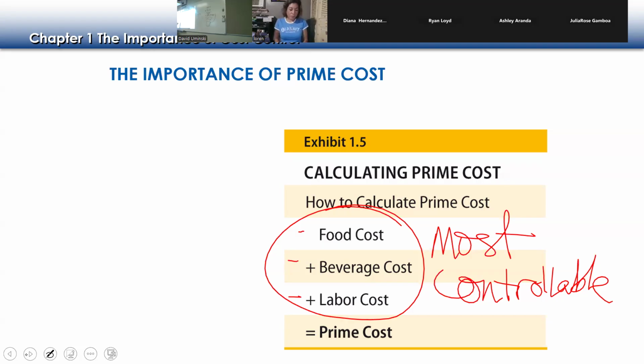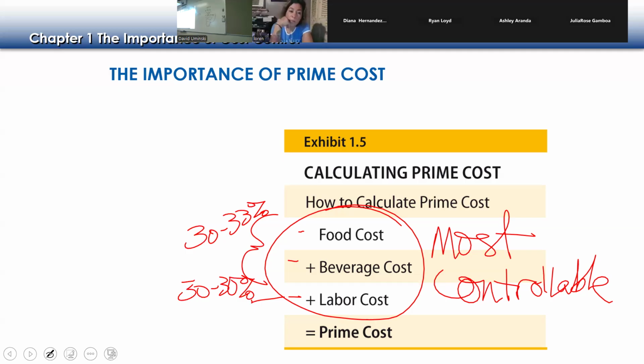Our food cost, food and beverage, is usually about 30 to 33%. And our labor is between 30 to 35%. Okay, 30 to 35%.